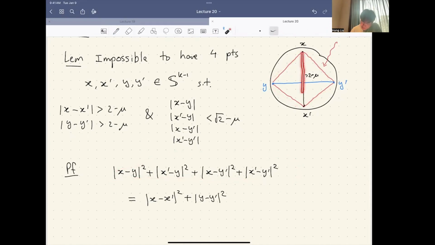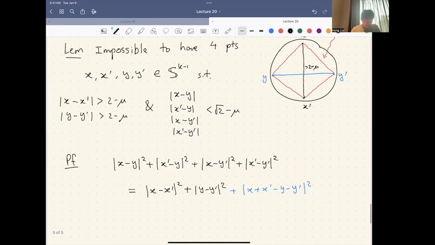Parallelogram means it equals the sum of squares of the 2 diagonals, x minus x prime and y minus y prime. But in general, if it's not, we have an additional term, x plus x prime minus y minus y prime squared. Good. Since this is a square term, not negative, drop it, which is at least, well, strictly larger, because x, x prime, y, y prime satisfy that.